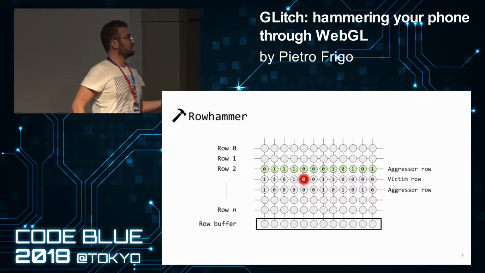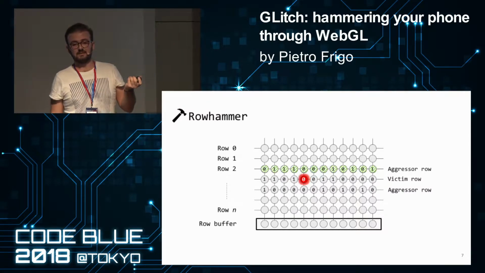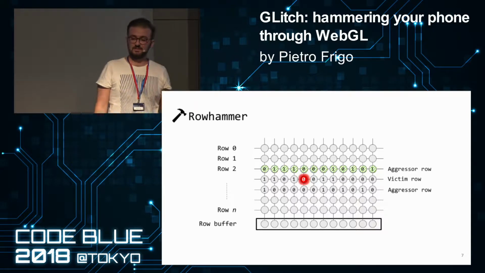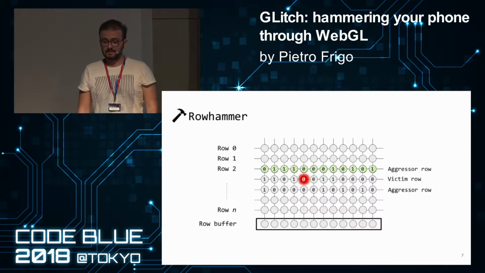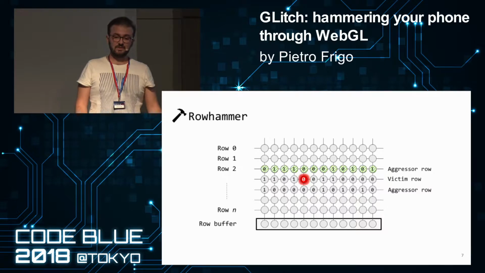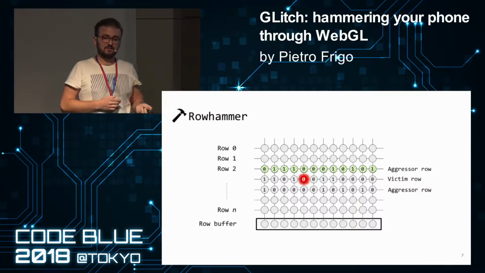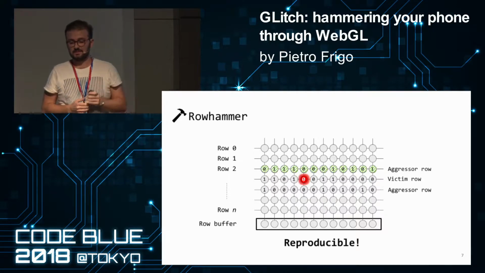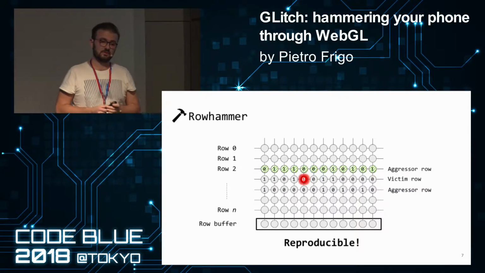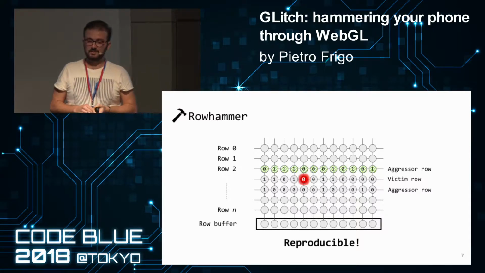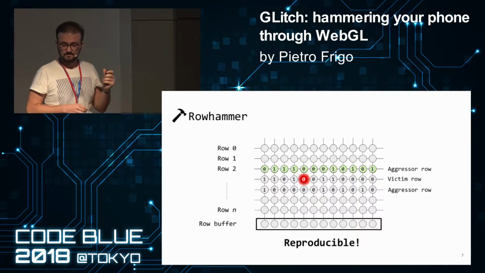This is quite important because it means you can compromise the integrity of data in DRAM without actually accessing it. And the crazy thing is that once you get a bit flip, you may think that's a random error. But once you get a bit flip on a specific cell, that bit flip is usually reproducible, so you can reuse it later on to compromise sensitive data.